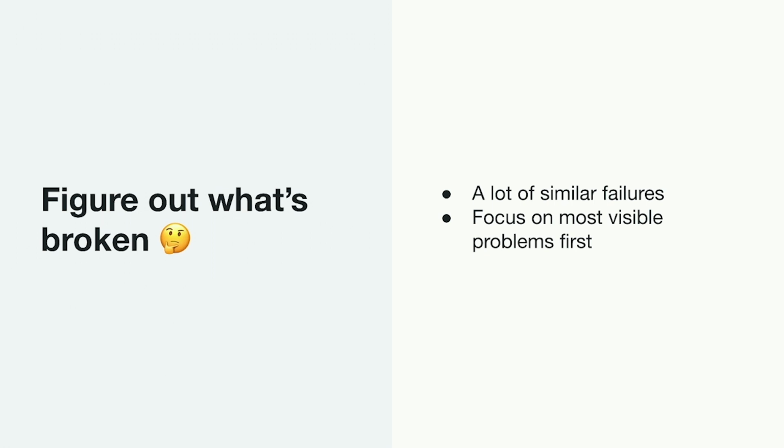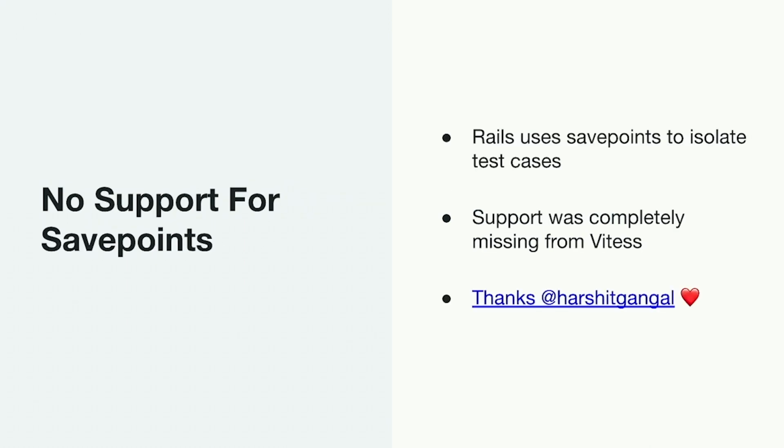We needed to first focus on the most impactful failures and then figure out what else was broken later. And the number one problem that we saw was that Vitess didn't have any support for savepoints at all. And this is a problem if you use Rails, because Rails uses savepoints to isolate unit tests from each other, right?